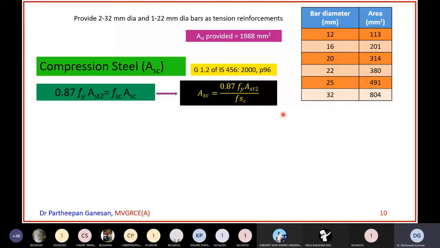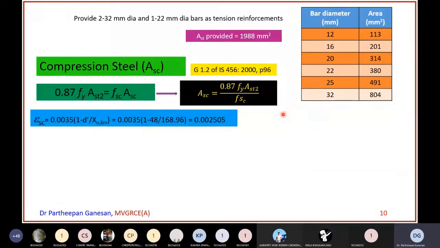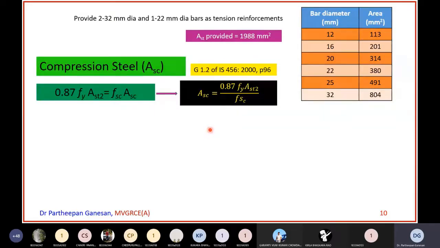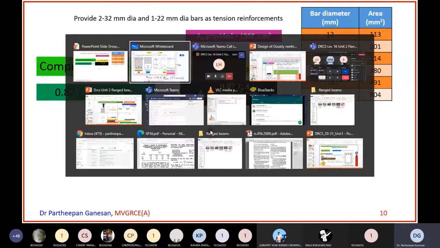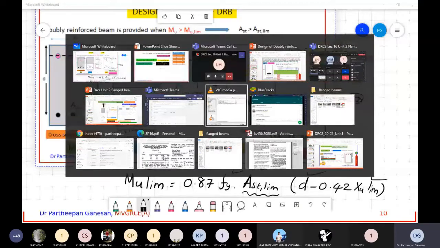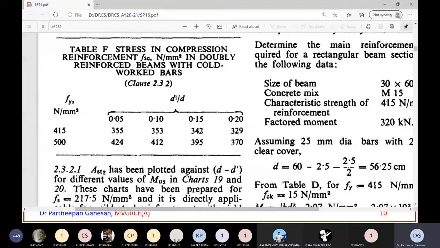As I told you, you can take it from the graph, the stress-strain graph. You can also find out FSC using this d dash by d. It is given in SP16, table 15.